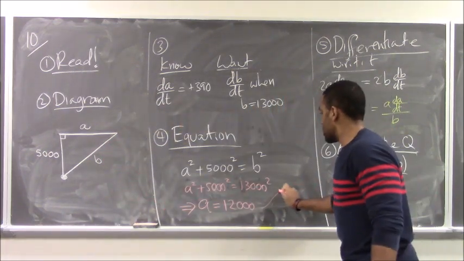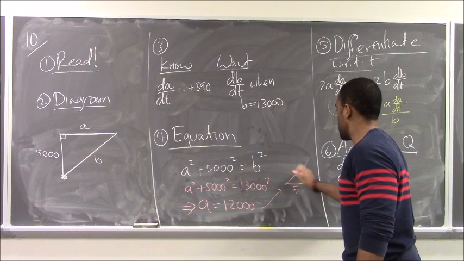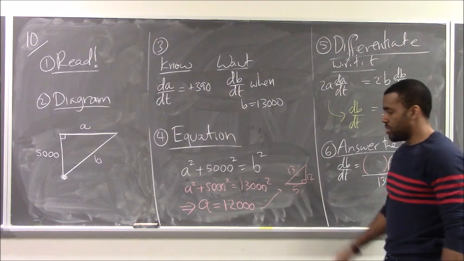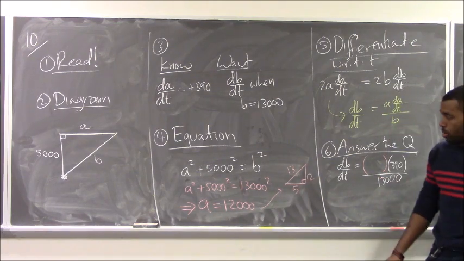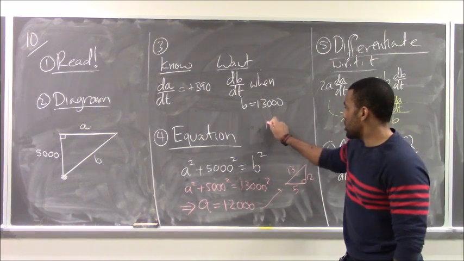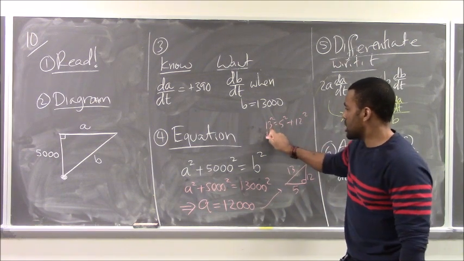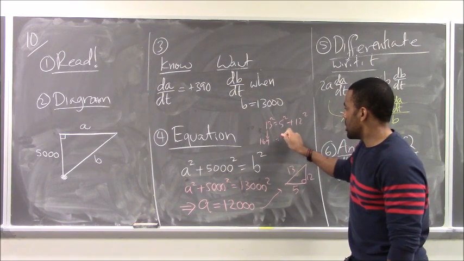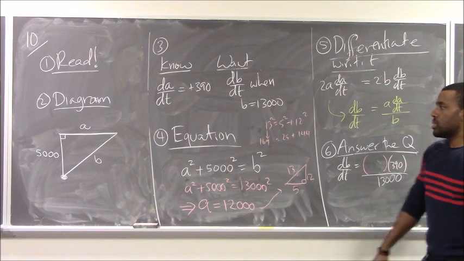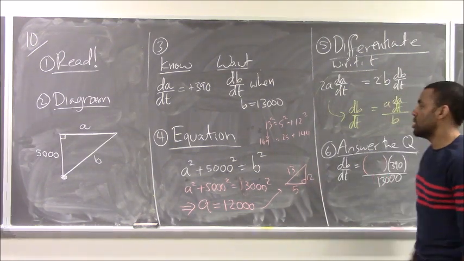Because there is such a thing as the 5, 12, 13 triangle. That's another one like the 3, 4, 5 triangle. Those numbers show up very often. Because 13 squared is equal to 5 squared plus 12 squared. Because that's 169, this is 25, this is 144. So these are numbers that occur together.